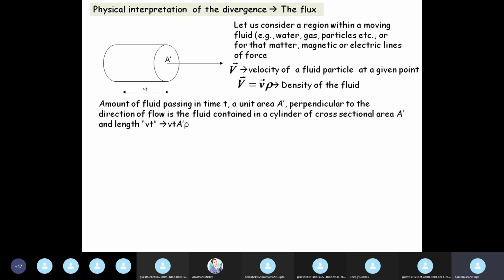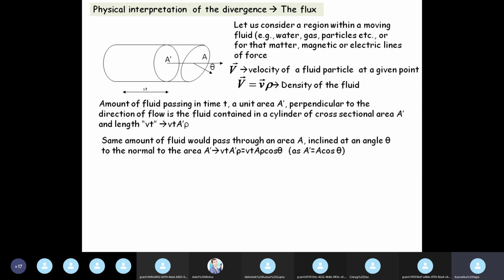Okay. So the amount of fluid will be the volume of this cylinder, which is length into area, and multiplied by density will give you the total mass of fluid passing through this particular cylindrical volume. So it is given by Vt A prime into rho. Okay. Now, if you consider another area A, which is inclined to the direction of flow at an angle theta. Okay, so the normal to this area A, this is the normal, it is inclined at an angle theta to the direction of flow.